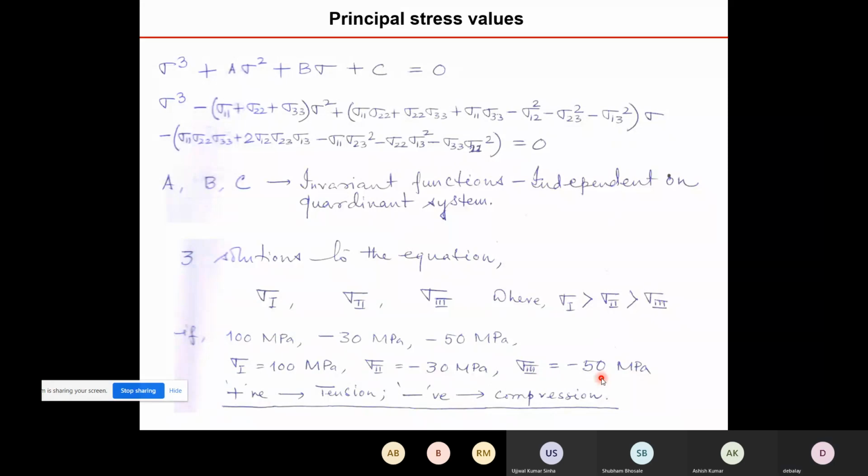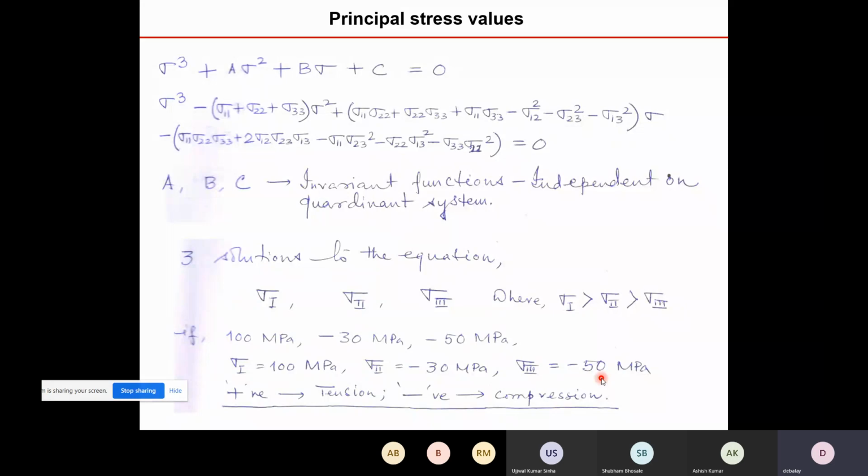So any kind of loading can be represented by a stress tensor, and from the stress tensor you can calculate 3 principal stress values. So it is easier to represent the loading inside the body. If you can represent the principal planes with principal stresses, it is even easier because 3 values will be sufficient to explain the loading.